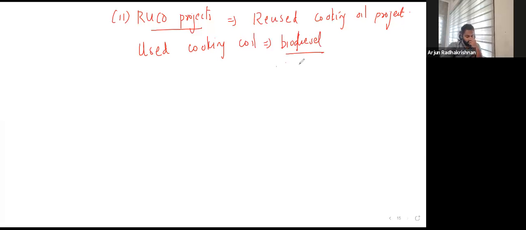We are using used cooking oil as biodiesel. RUCO project.